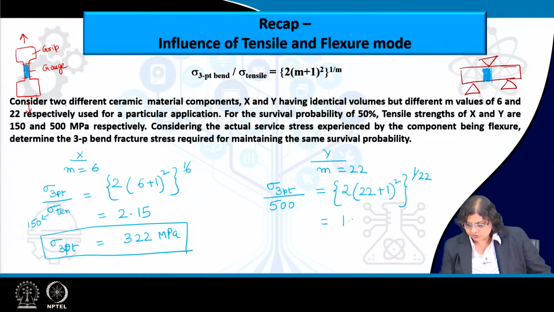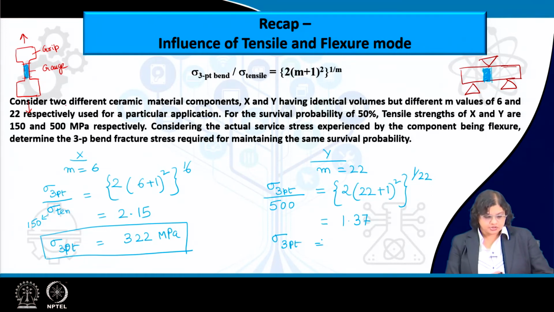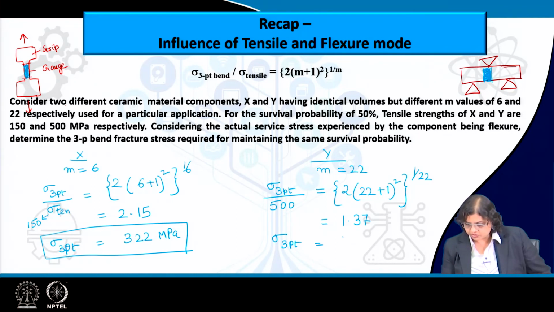This factor comes to 1.37, and that makes the sigma 3-point 500 into this factor, which is around 686 MPa.